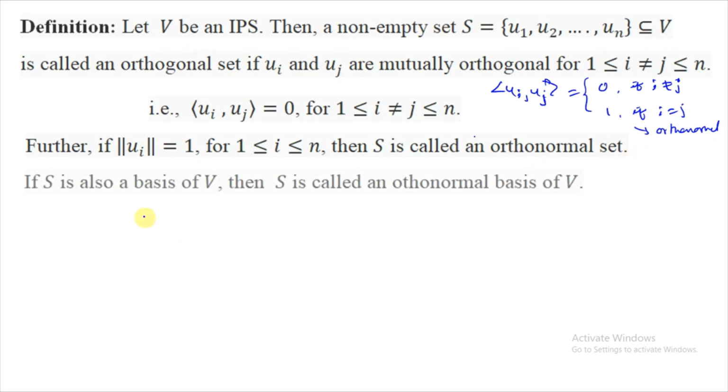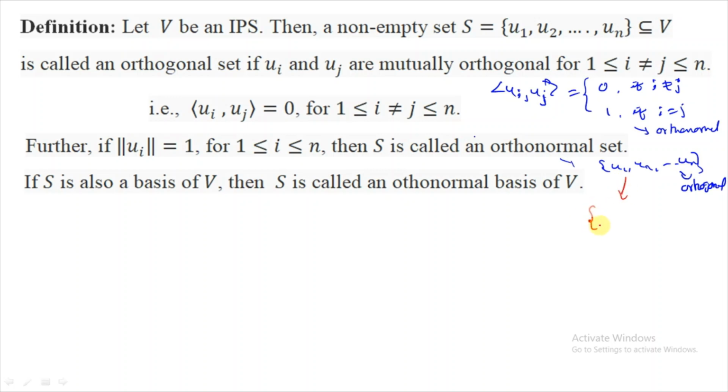Suppose the set is a basis, then the set is called an orthonormal basis. Simply, suppose u1, u2, ..., un is orthogonal.